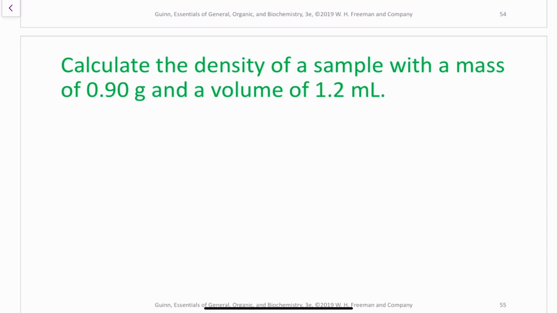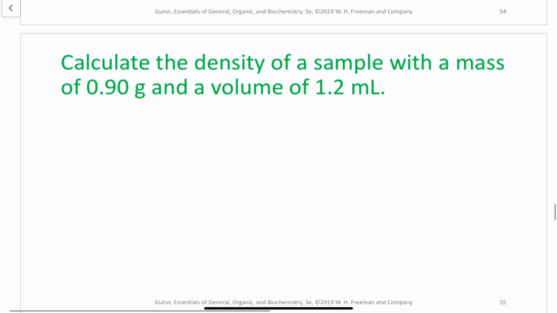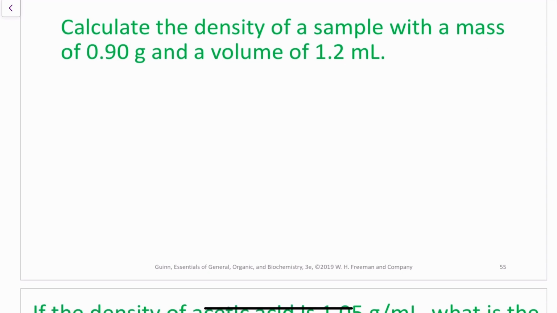Now let's try to do some problems on density. The first problem asks you to calculate the density of a sample with the mass given for the sample and the volume of 1.2 mL, right? So what is density?